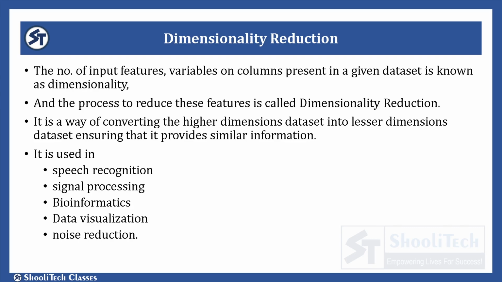It means converting a higher dimensions data set into a lesser dimensions data set. Here we need to be very careful that we don't remove any important feature from the data set. We can use dimensionality reduction algorithms in areas like cognition, signal processing, bioinformatics, data visualization, or noise reduction.